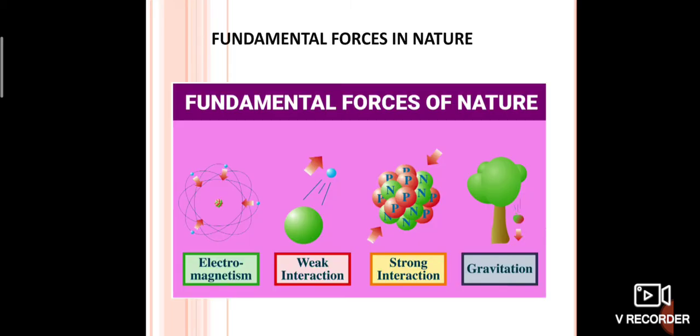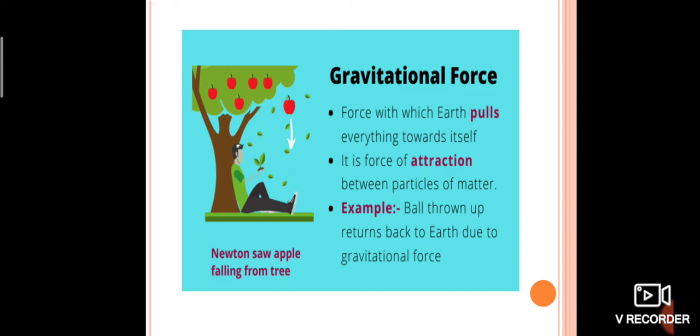Now, let us understand fundamental forces in nature. There are 4 fundamental forces in nature. These are the basic forces that exist in our nature. Let us know them one by one. First one is gravitational force. Gravitational force is the main fundamental force. It is the force with which earth pulls everything towards itself.